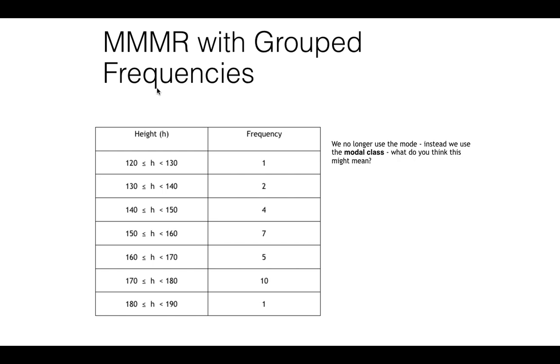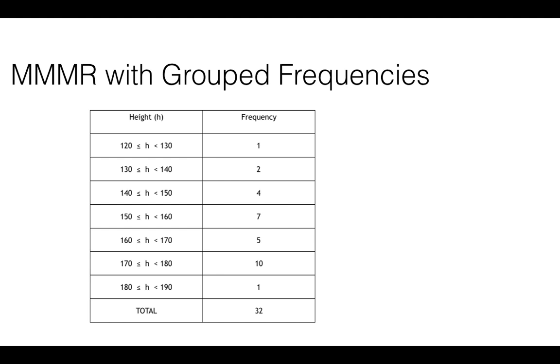If you said the 170 to 180 centimetres, you'd be absolutely correct, because that has the most number of students in it. So in this case, the modal class is a height of greater than or equal to 170 centimetres, but less than 180 centimetres. So mode is fairly easy still, fairly straightforward.